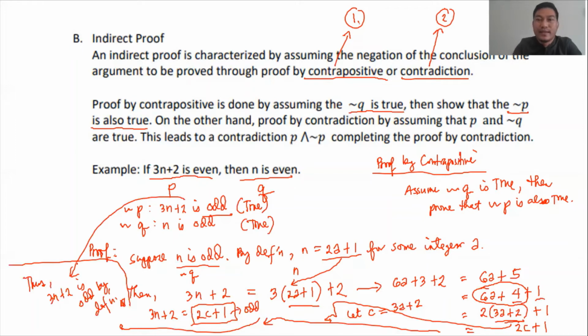Okay, let's try to prove this one: if x squared is even, then x is even.